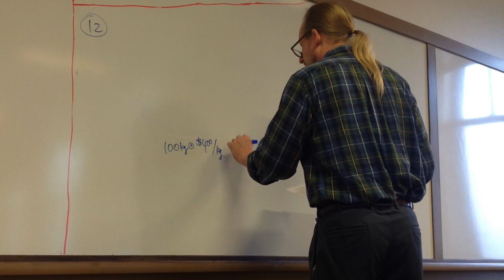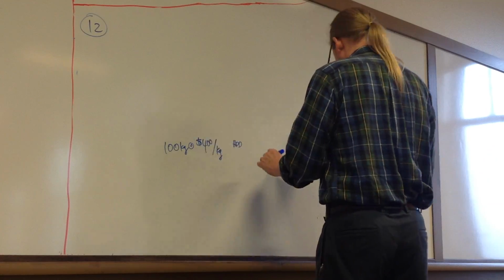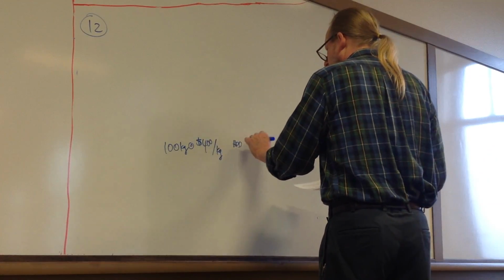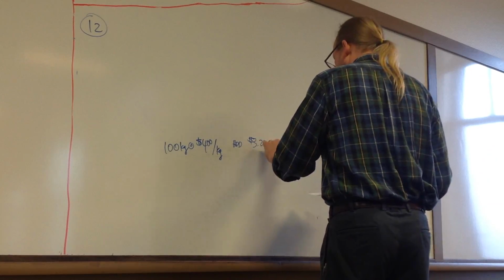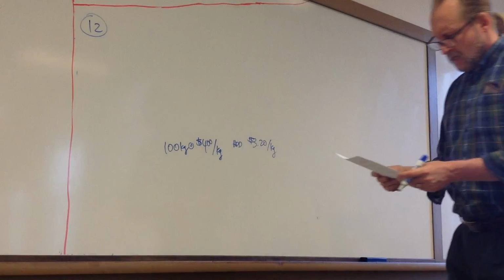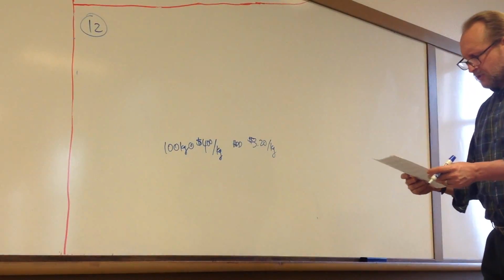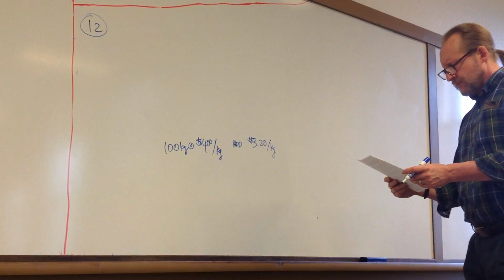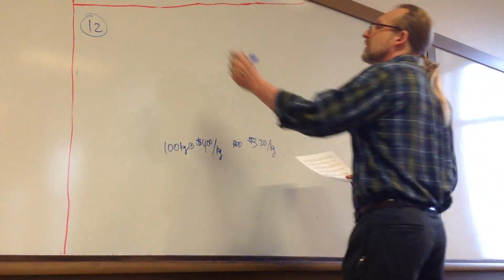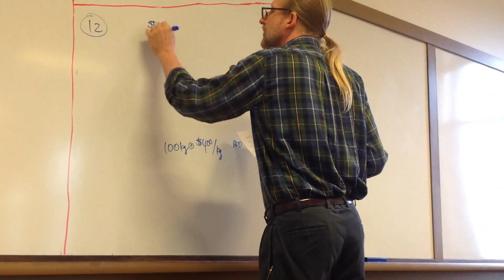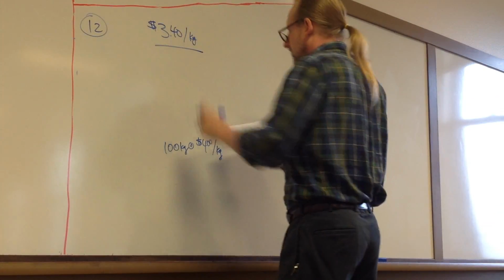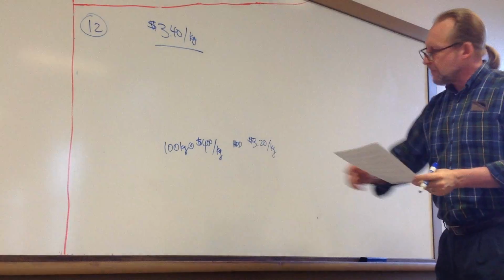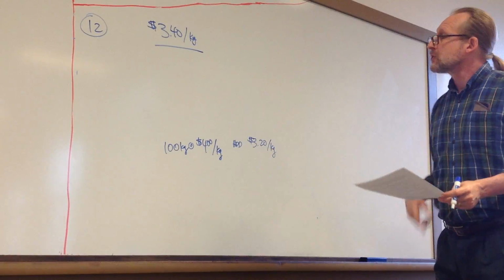So now we're going to take this mixture and we're going to add some nuts that cost $3.20 per kilogram. If he wants to sell the new mixture for $3.40 per kilogram, so our new mixture we want to sell for $3.40 per kilogram, how many kilos of these cheaper nuts should be added?